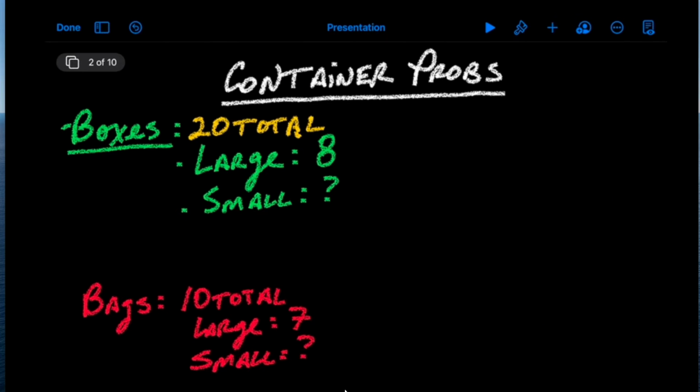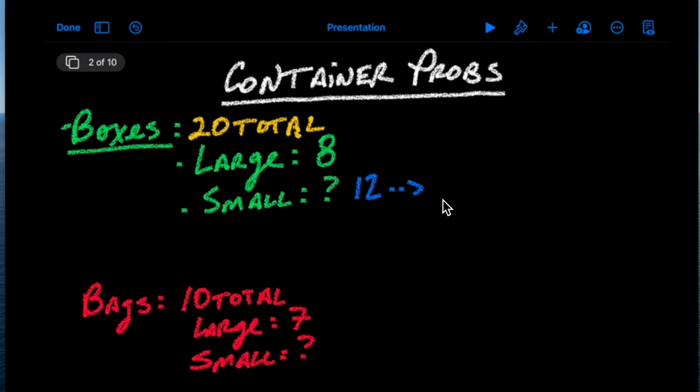Continuing on with container problems, if I told you I had 20 boxes and they were either large or small, and I told you that we had 8 large, and I asked you how many small would we have, your answer would be 12. And if I said, how did you get that?